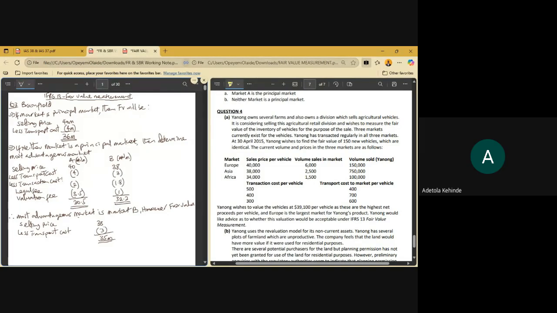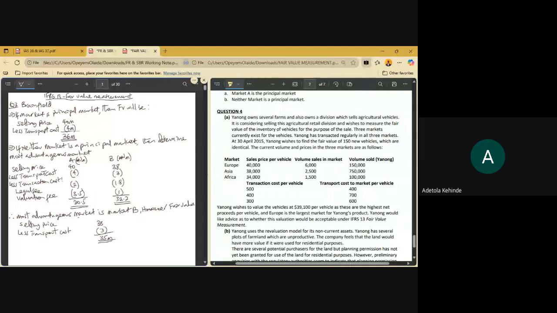Yanong owns several farms and also owns a division which sells agricultural vehicles. It is considering selling this agricultural retail division and wishes to measure the fair value of the inventory of vehicles for the purpose of the sale. Three markets currently exist for the vehicles. Yanong has transacted regularly in all three markets. At 30th April 2015, Yanong wishes to find the fair value of 150 new vehicles, which are identical.